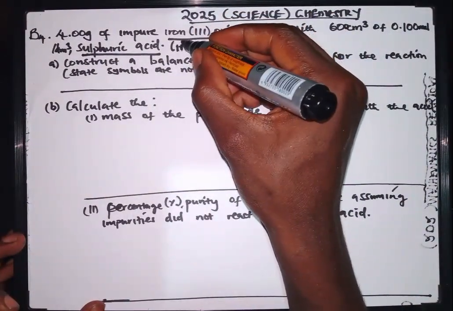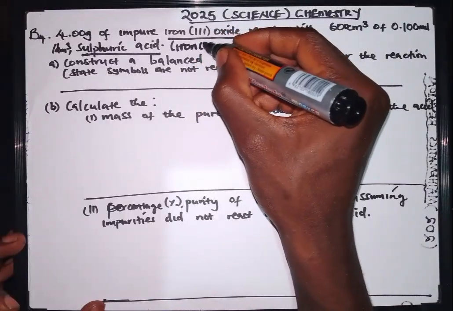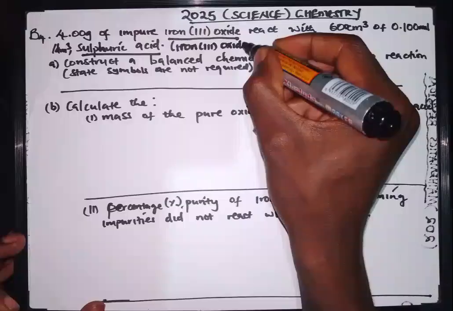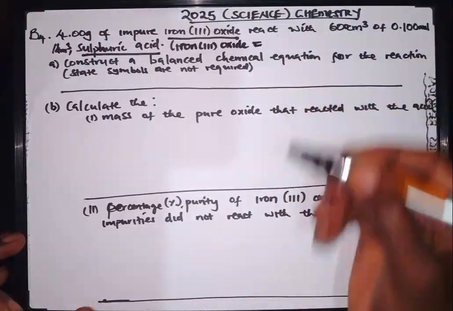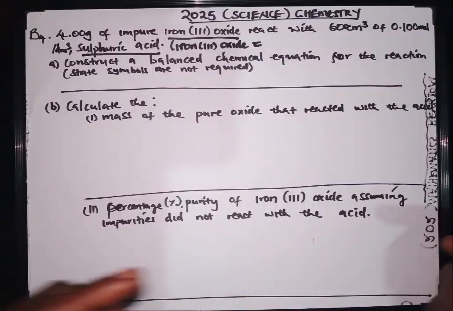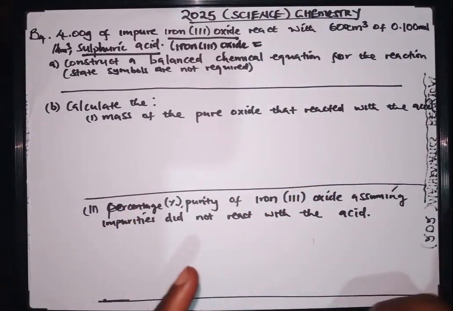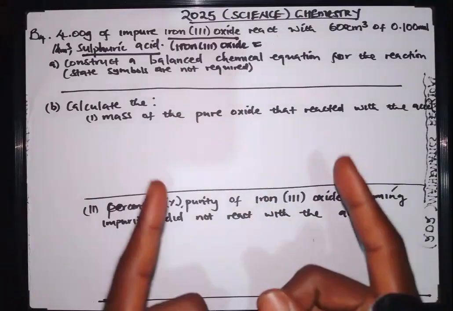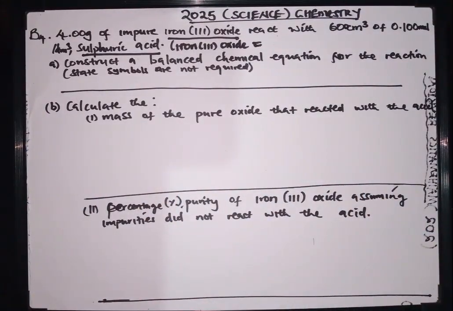The first reactant we have is iron 3 oxide. So what is the chemical symbol for iron 3 oxide? Remember, each atom has its own valence.